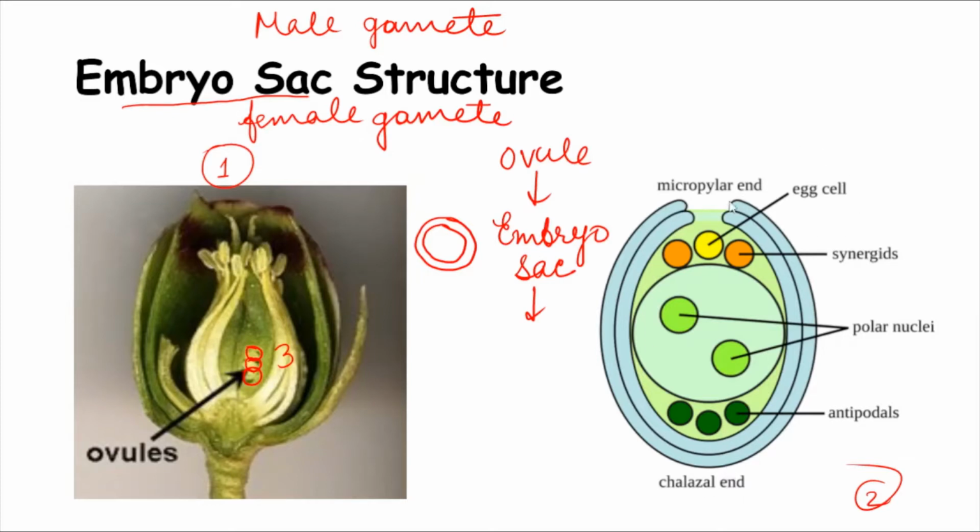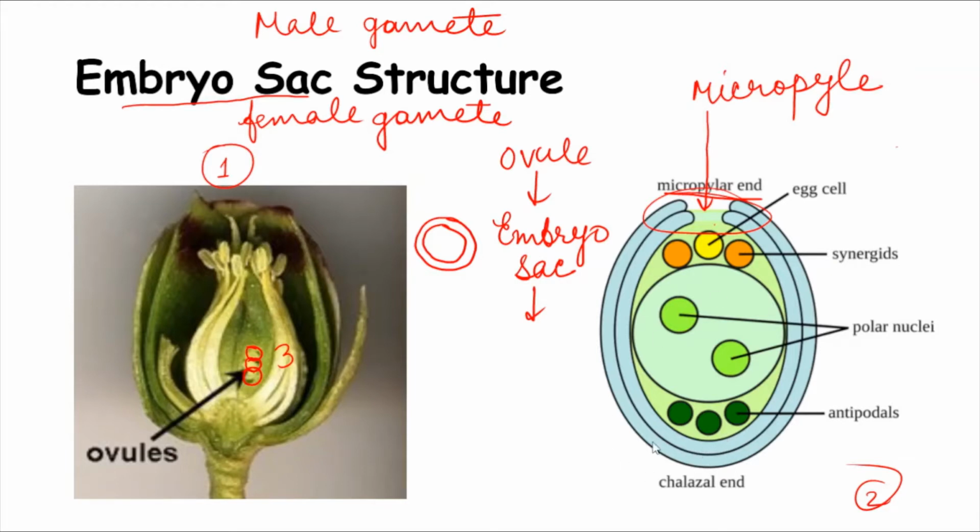The first position is called the micropylar end. Why is it called the micropylar end? This is because this opening is known as the micropyle. Micropyle is the opening in an ovule through which the pollen tube enters during the process of fertilization.